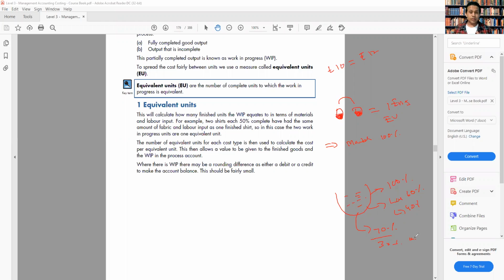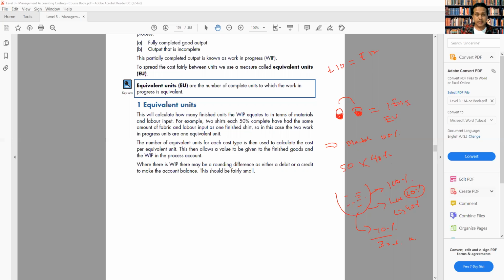So try to remember that when the question says the opening inventory is 60% complete, and let's say the unit is 50, we do not multiply by 60%, rather we multiply by 40% because this is the one remaining.